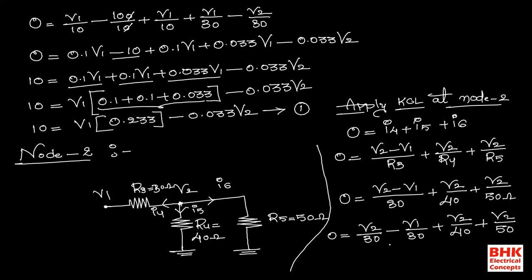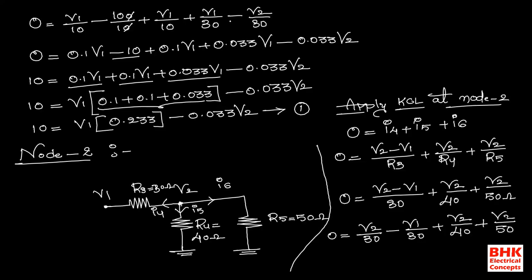Okay. Now again simplify this one. 1 by 30 will give one value into V2. Like this we need to simplify. From this also we are going to get one expression. After getting this expression, by simplifying equations number 1 and 2, you will get the final unknown voltages V1 and V2.